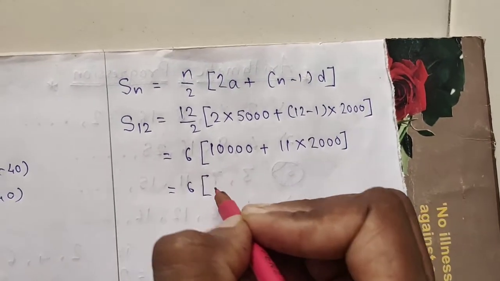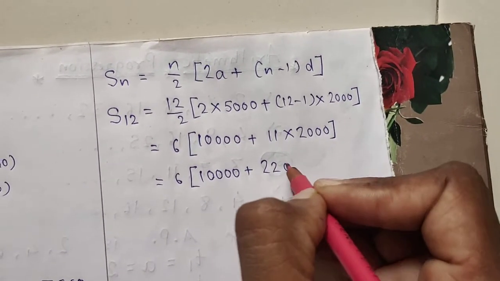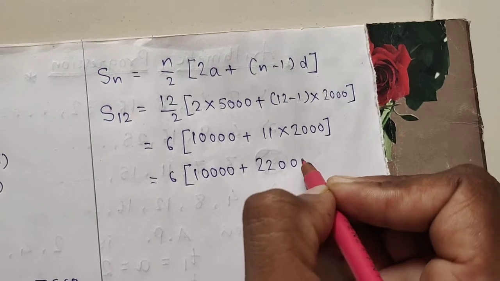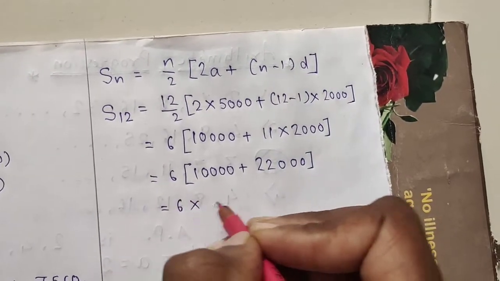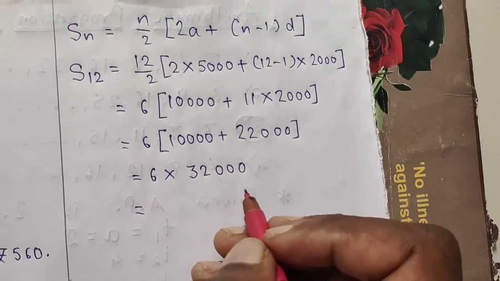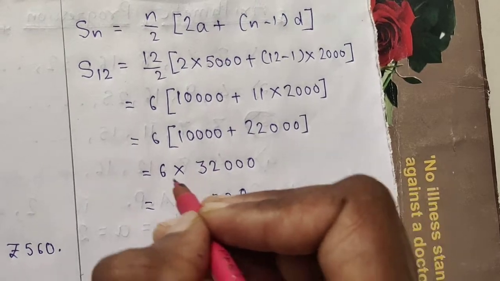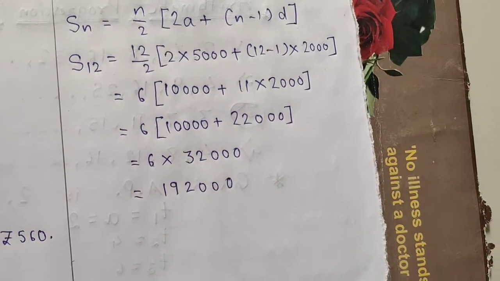So 6 bracket, this is 10,000 plus 11 into 2000 gives you 22,000, right? Now 10,000 plus 22,000 gives you 32,000. Now let us multiply 6 into 32,000. 3 zeros, 6 2s are 12, 6 3s are 18 plus 1 is 19.